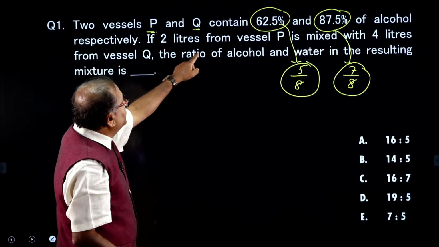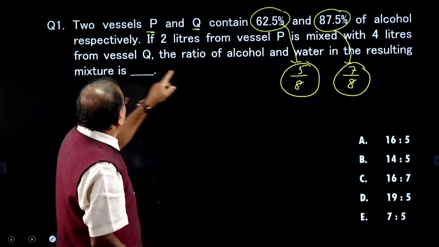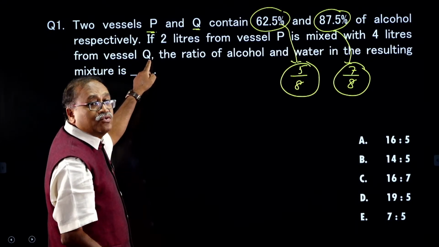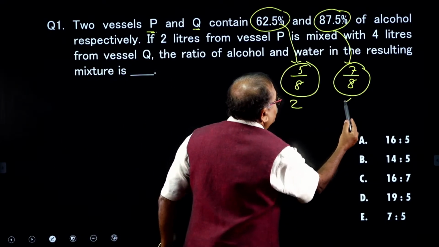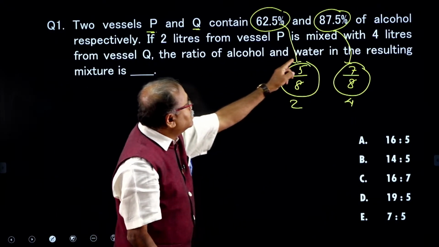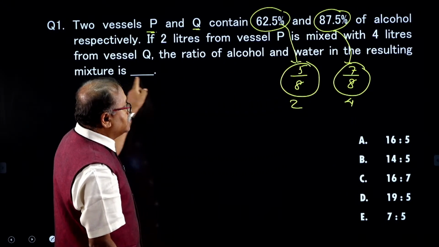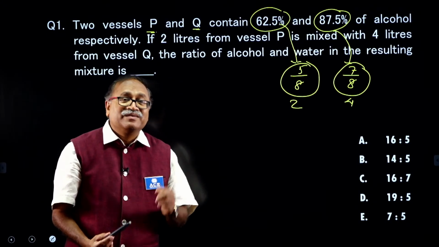Now, if 2 liters are removed from P and mixed with 4 liters from vessel Q, you have taken 2 liters from here and mixed with 4 liters from this. What will be the ratio of alcohol to water?